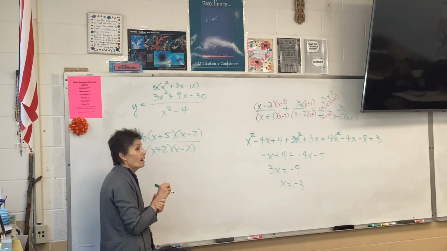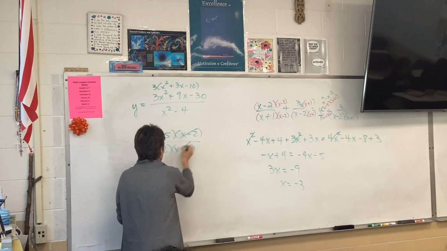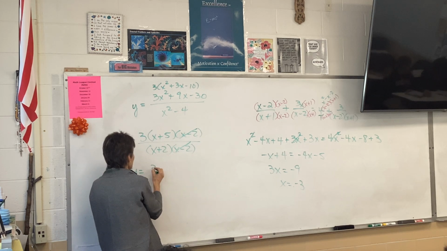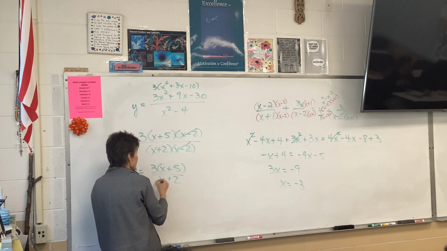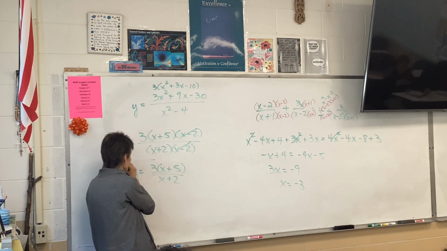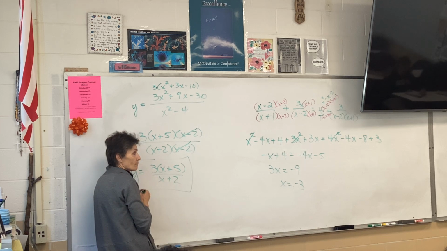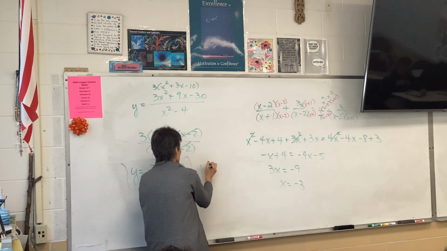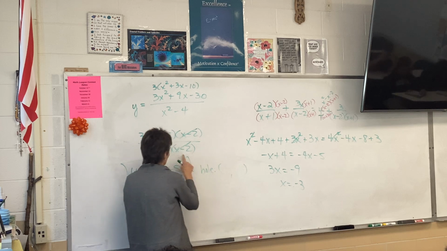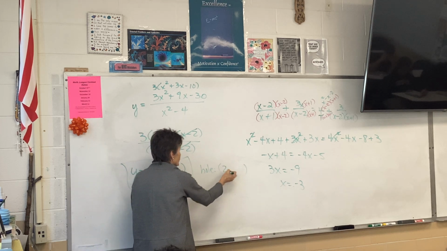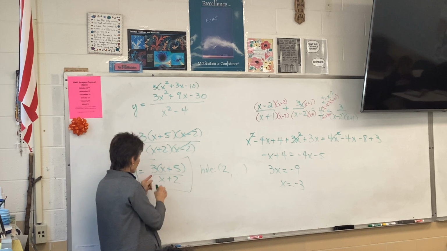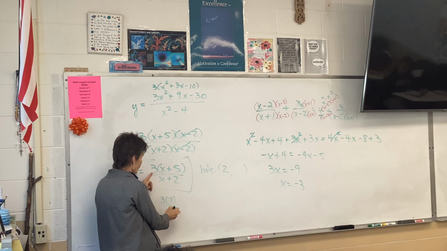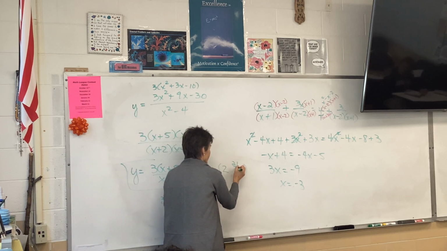I'm going to have a hole, might as well take care of it. And I'm ultimately then going to sketch this. This is what I'm sketching, right here. There will be a hole where x is 2, and if I plug in 2, I get 3 times 7 over 4, 21/4.